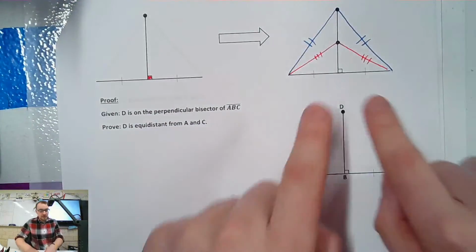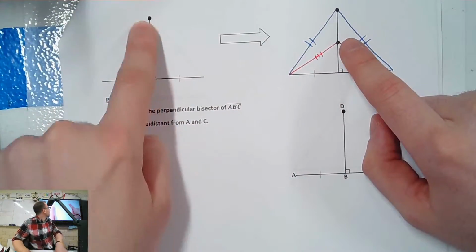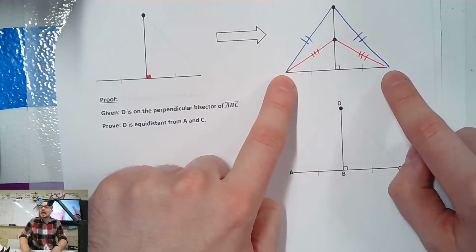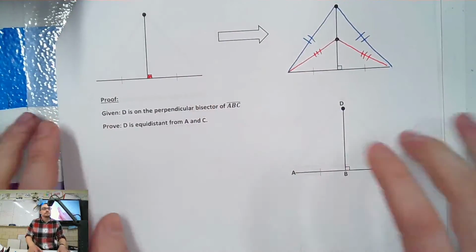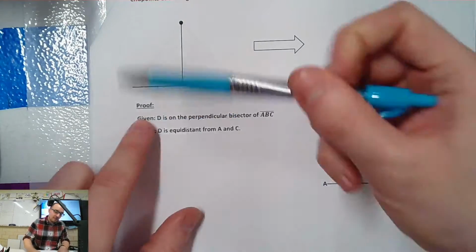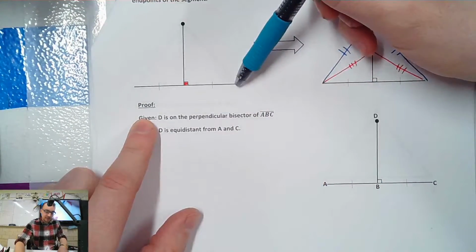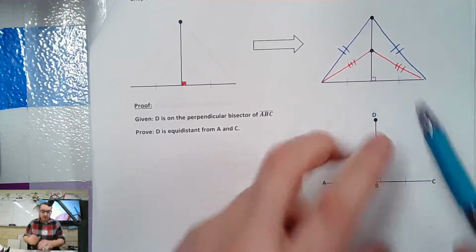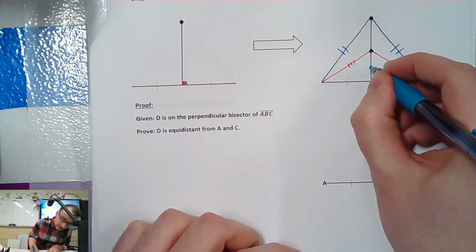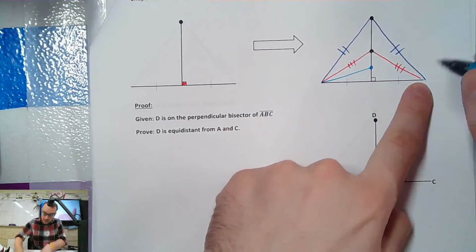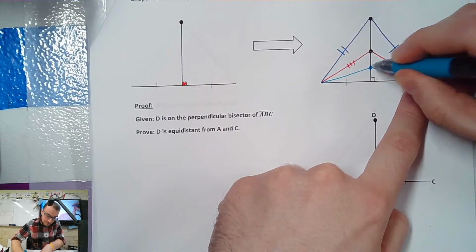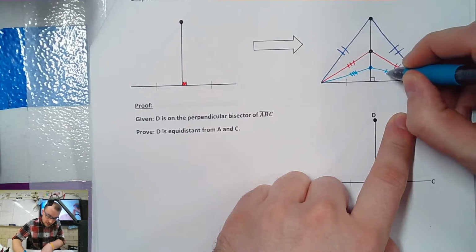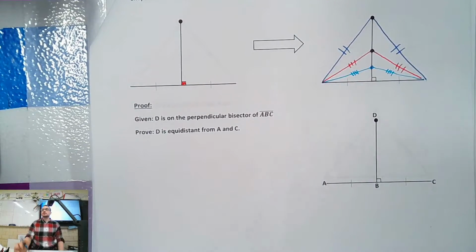Then we know that any point on this line will be the same distance to the endpoints of this segment, okay? So the distance from here to here and here to here will be the same. Any point I draw on here will be the same distance. If I put a point like this on here, then the distance from the endpoints to that point will be the same. Always. At any point on there.